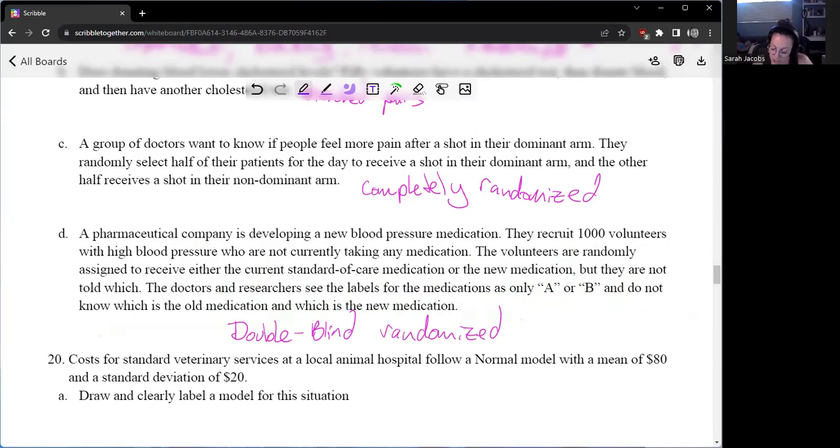It's double-blind because neither the subjects nor the researchers know which medication is which. They just see A or B. And then in the processing, the A and B can be revealed after all the analysis is done so that there's no bias in how things should or shouldn't turn out. Okay, onward.